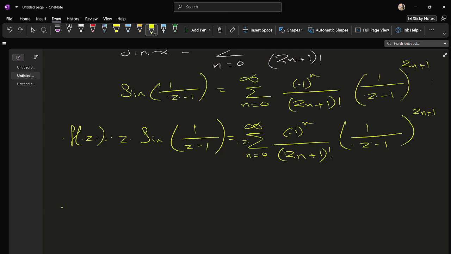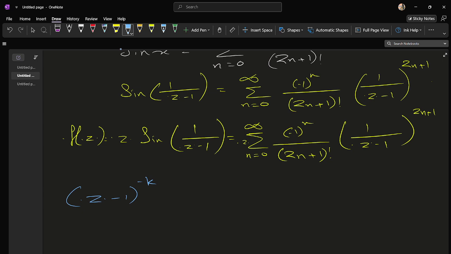Okay, so the series contains terms of this form for infinitely many values of k. This means the singularity at z = 1 is not removable or a pole, since a pole requires only finitely many negative powers in the Laurent series.